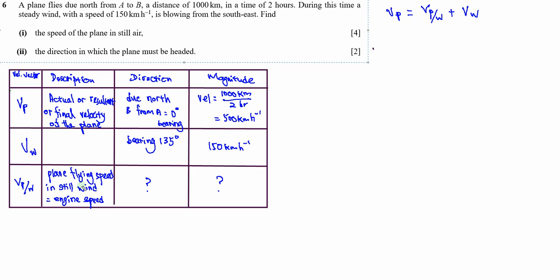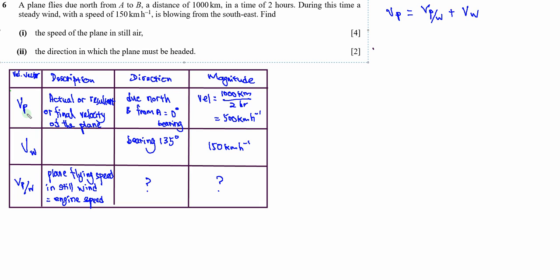So this is the one. It's always the speed where the plane, after steering to the right angle, takes off from the airport. That is the speed. But that is not the resultant speed, because with the influence of the wind, the resultant speed will be based on the VP.